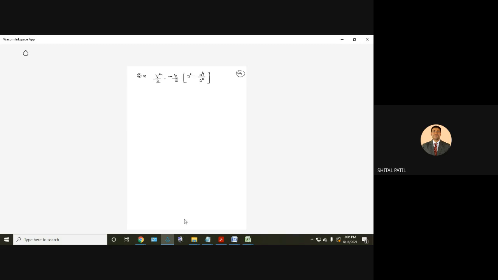Yes. So 2 will cancel. v square equal to, let me consider this minus sign inside, k, a raised to 4 minus x raised to 4 divided by x square. I have taken minus sign inside.